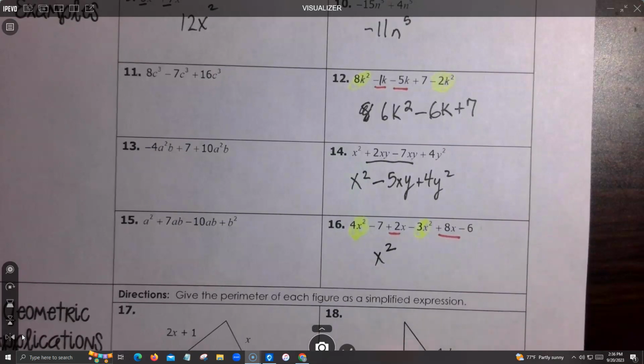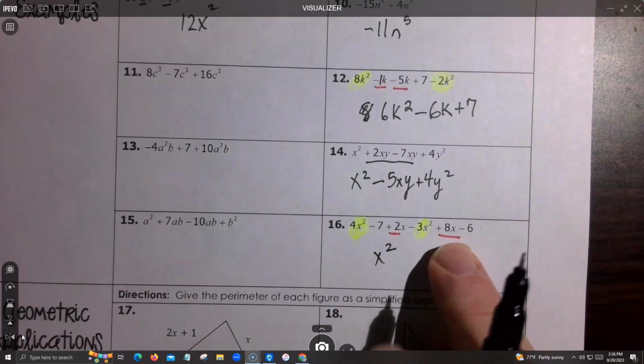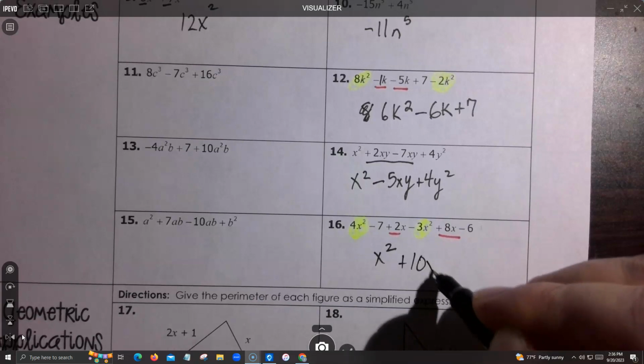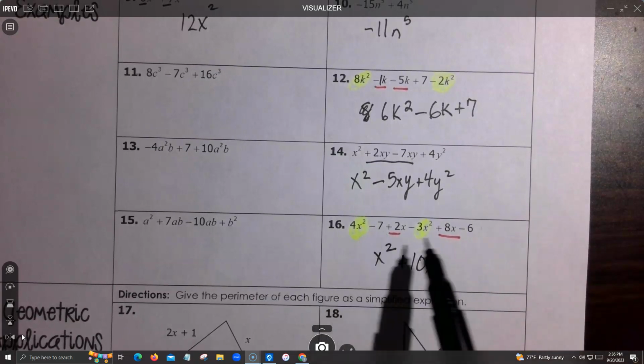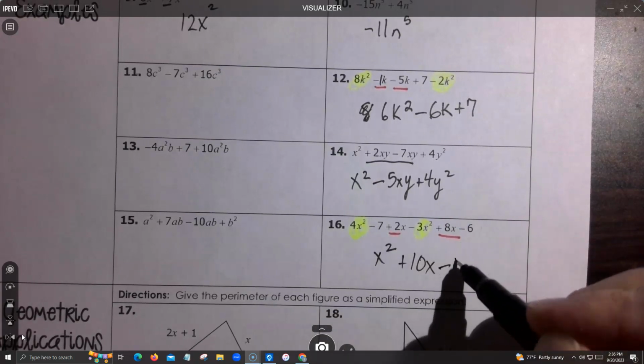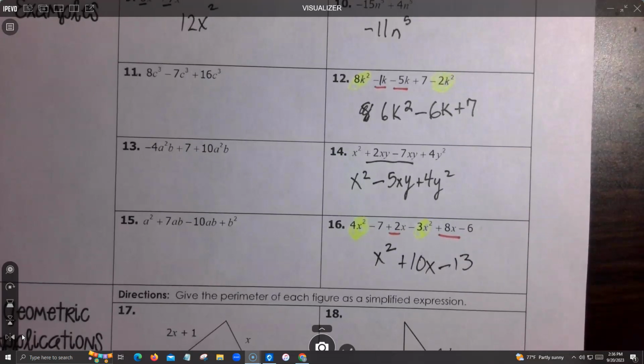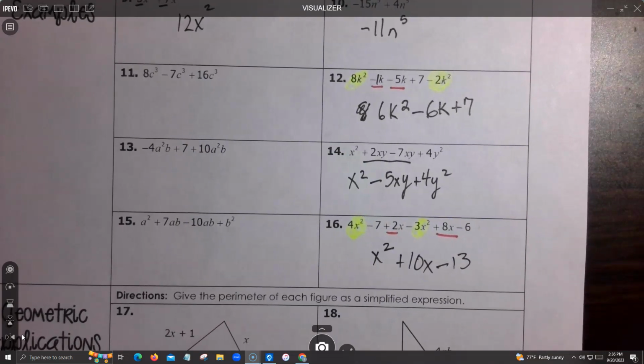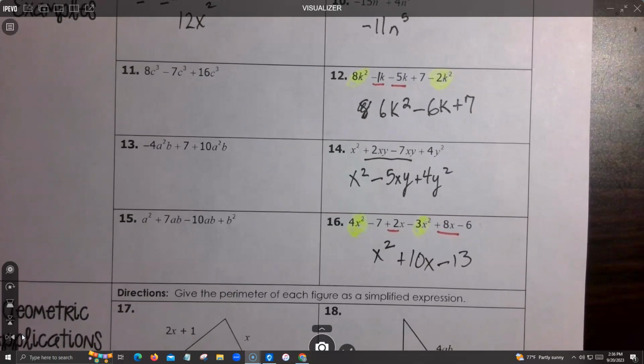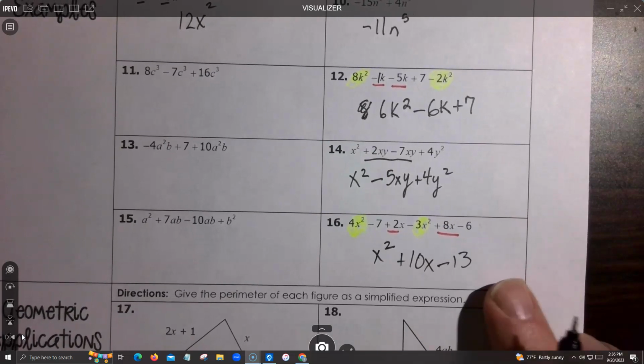Okay. I have a 2x and an 8x, which is 10x. And then I've got a negative 7 and a negative 6, which is negative 13. Again, you'll have to use your calculator if you're not good at adding or subtracting positive and negative numbers.